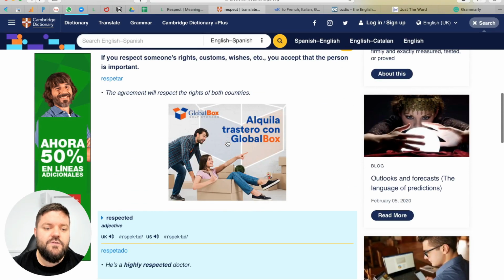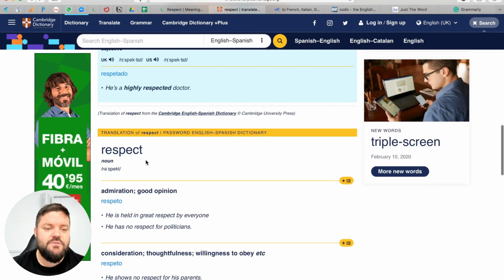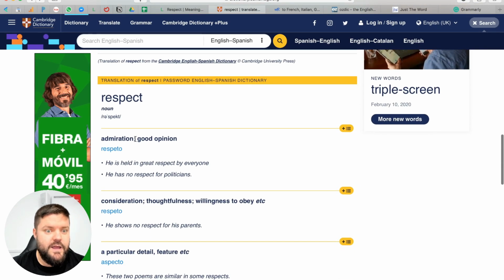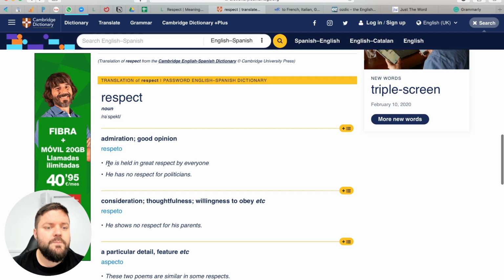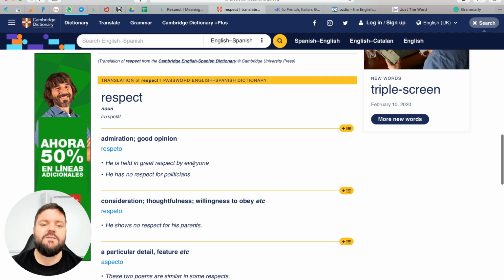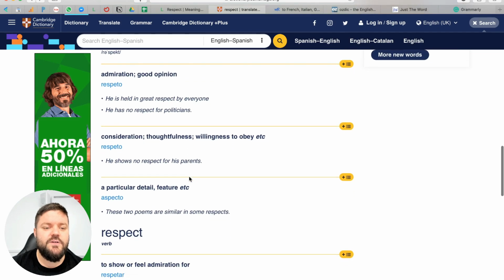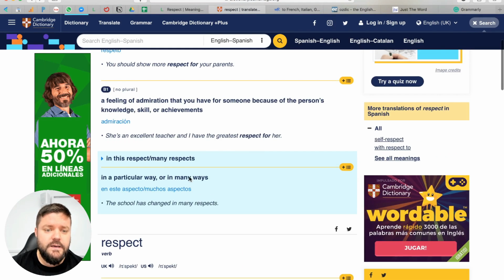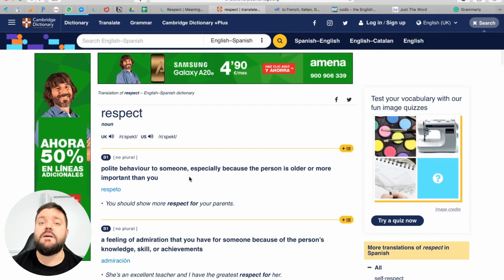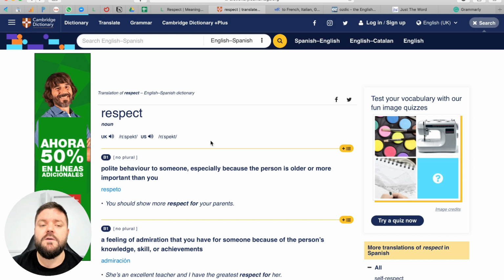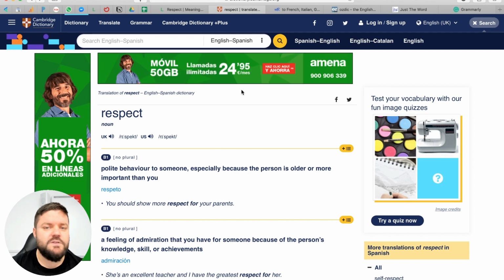You can find the translations a bit further down, like here: admiration, good opinion, respeto. He's held in great respect by everyone. He has no respect for politicians, etc. So that's a dictionary, not as complete as Lexico, but also very useful for students, especially at lower levels.